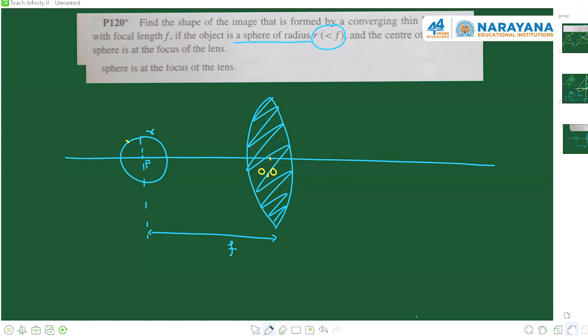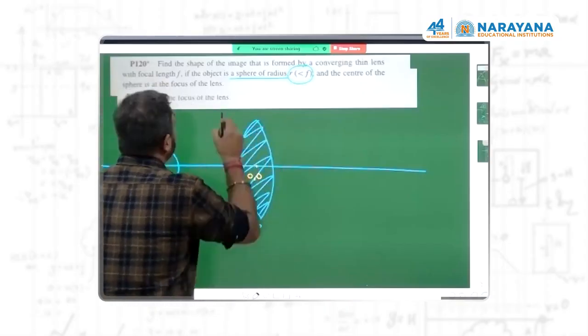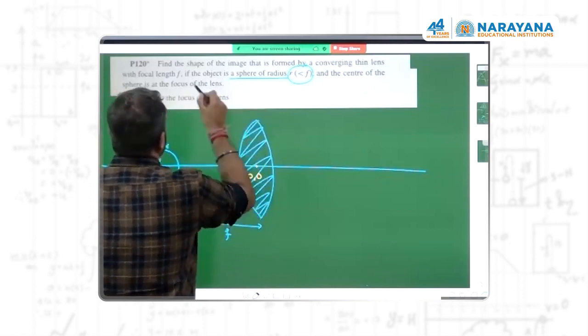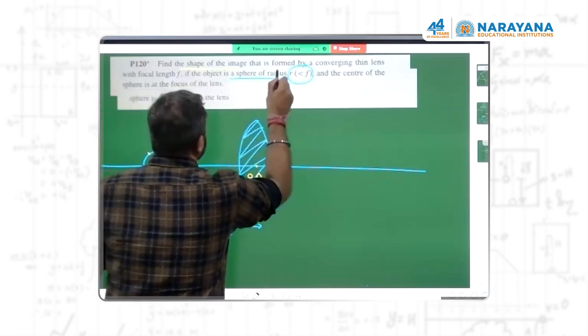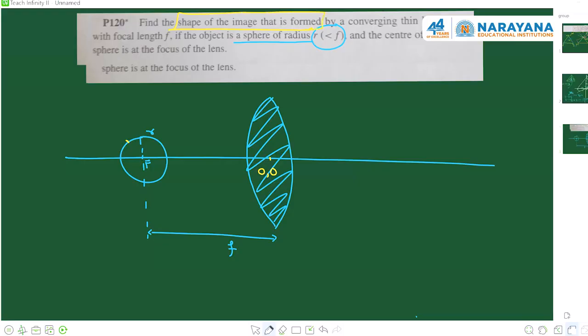Our interest is to find out the shape of the image. Honestly, if we can find out the equation, it will be great. So I will solve it completely and write the equation for that curve.